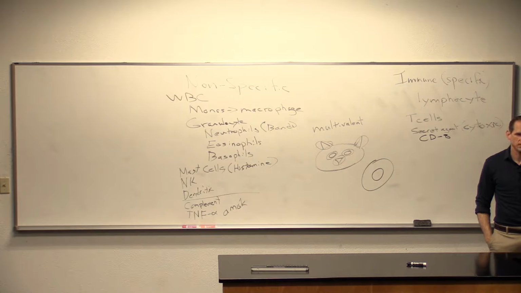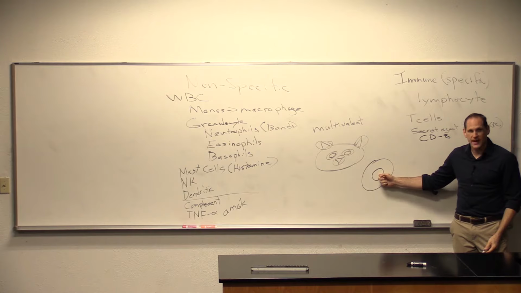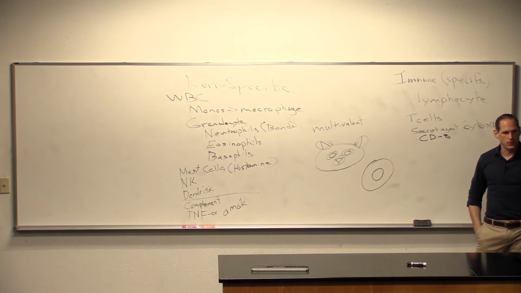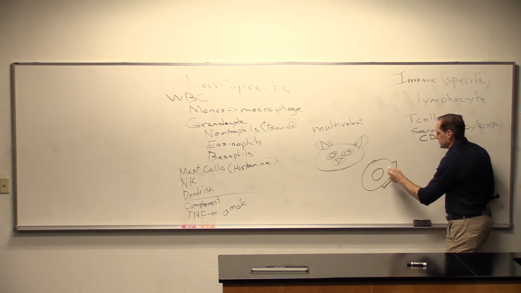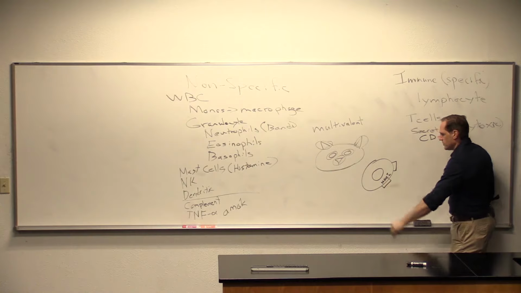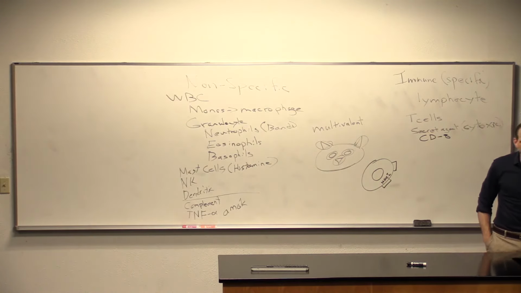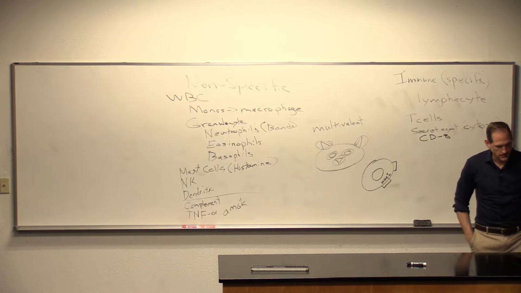It's blueprints. So every cell with DNA has the potential to make proteins. As it's making proteins, it's going to display those proteins on this special molecule called MHC1, Major Histocompatibility Complex 1. Every cell in your body has MHC1 if it has a nucleus.